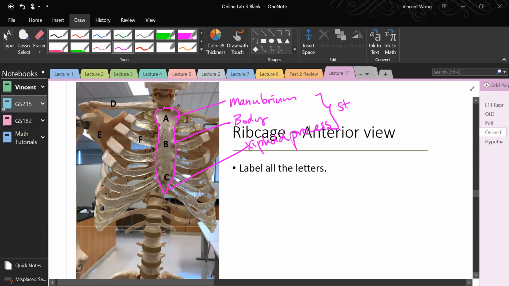And together, that forms the sternum. Xiphoid process. It's a little bit hard to see here, sorry.